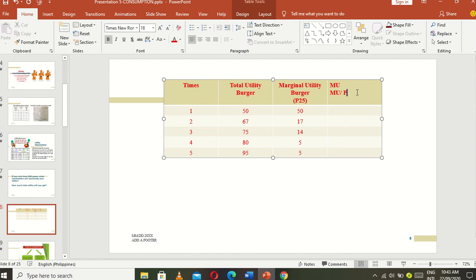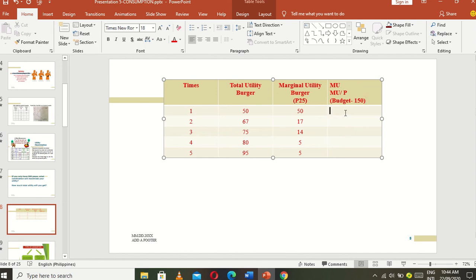If you are given a budget of 150, how will you maximize the budget of 150 if the burger is worth 25 pesos?